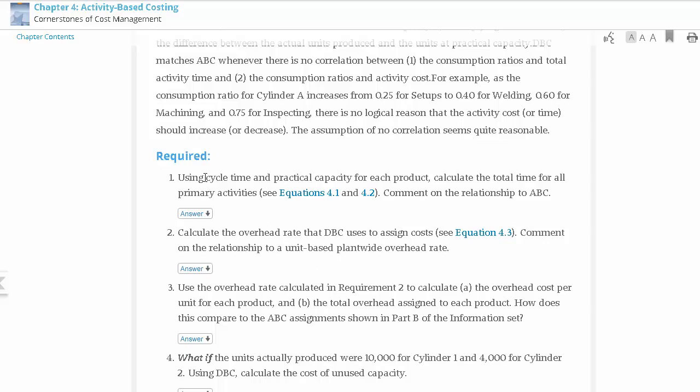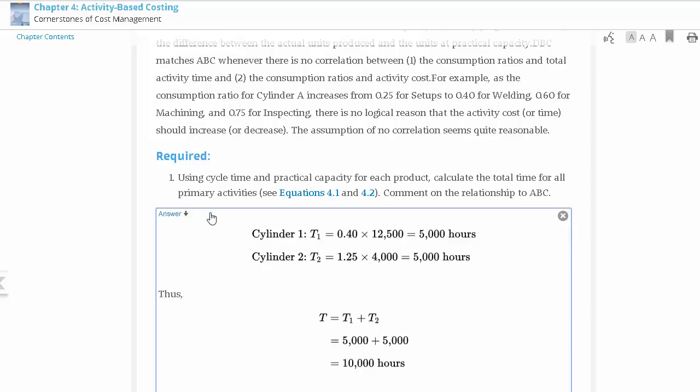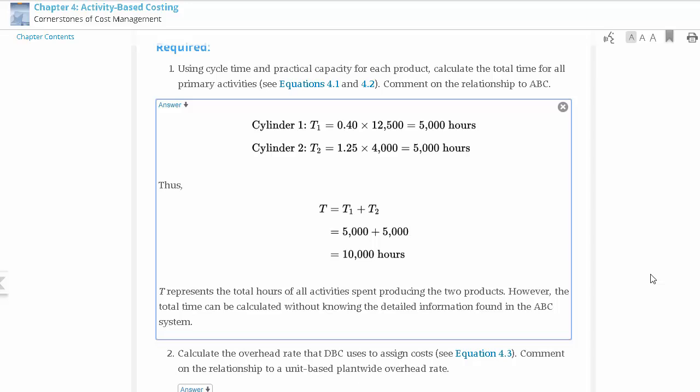So now let's go through the example. Using cycle time and practical capacity for each product, calculate the total time for all primary activities. Now, here's the answer. Let me slide down so you can see that. So cylinder 1, we're going to take T1, 0.4 times 12,500, and we come up with 5,000 hours.